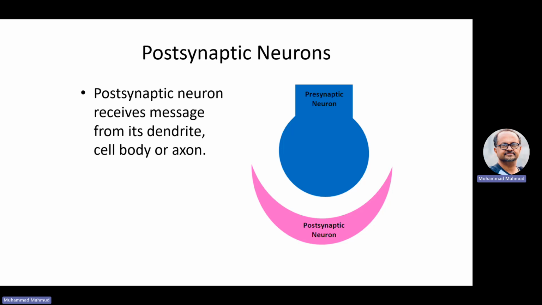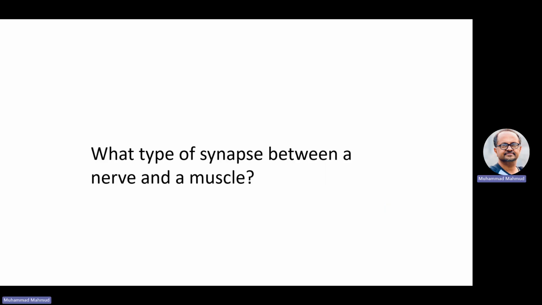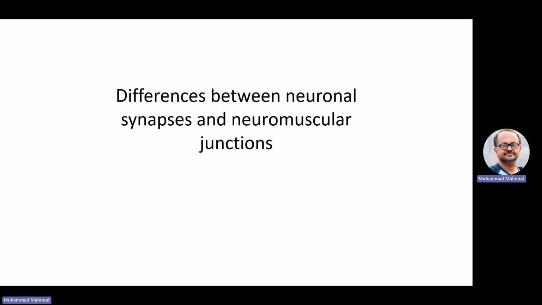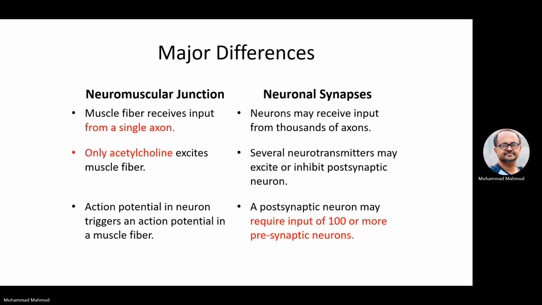So pre versus postsynaptic. In previous lectures, we discussed the synapse between nerve and muscle, and I'm sure you can recall that. It was called the neuromuscular junction. Now, what is the difference between a neuromuscular junction and a neuronal synapse?